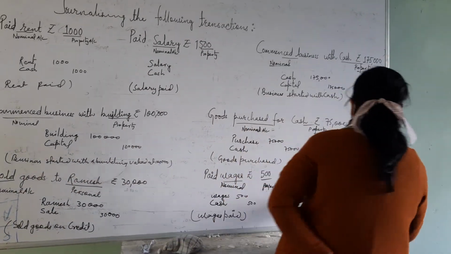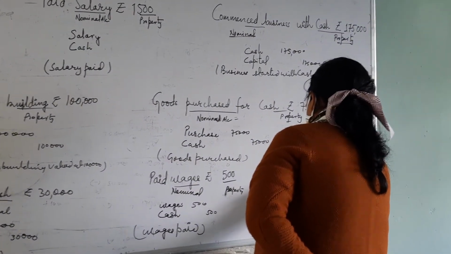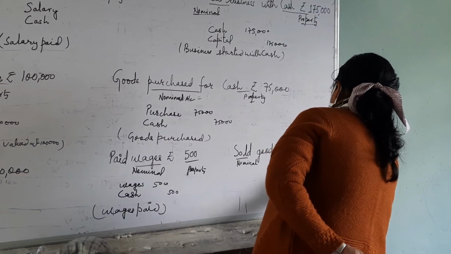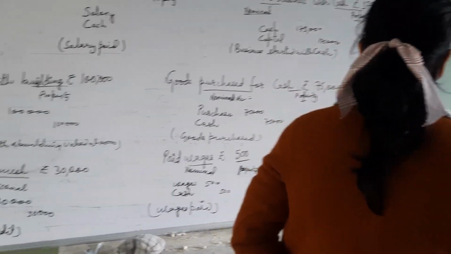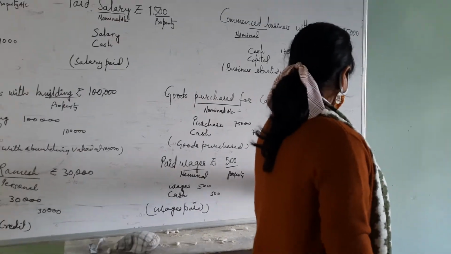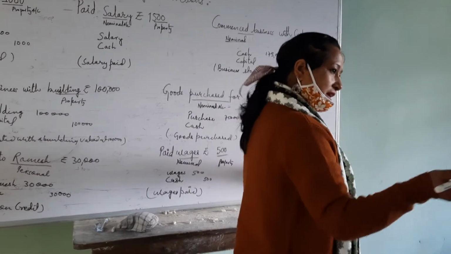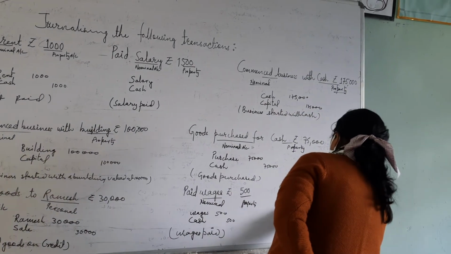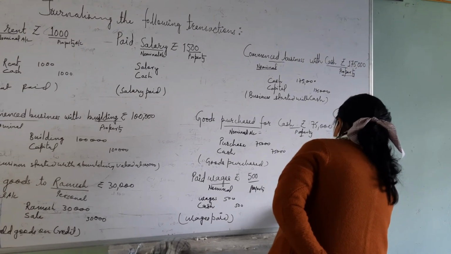Now sold goods for cash. One is cash, another is sale. Sale is nominal. Cash is property. So what will be in the debit? Cash. Does cash come in the business, or go out from the business? Comes in. When something is sold, cash will come in. When something is purchased, cash goes out. So we'll be writing here cash in the first line, and in the second line sale.